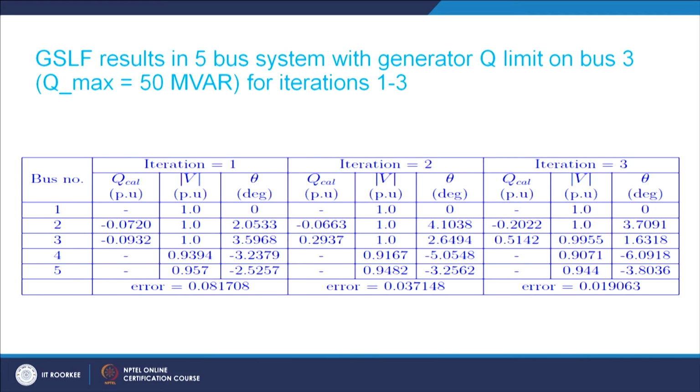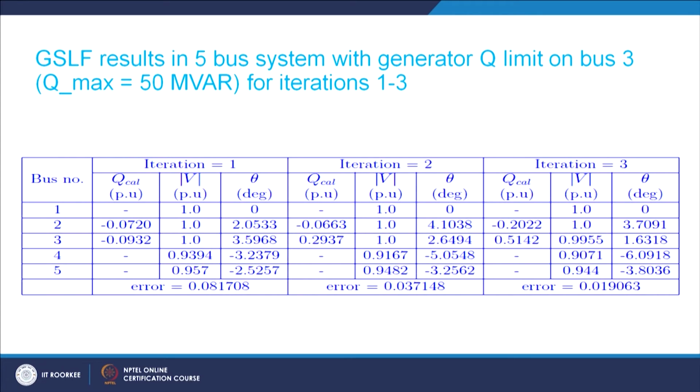In the first iteration, the limit for bus 3 is minus 5 to plus 0.5. In iterations 1 and 2, for bus 2 there is no limit issue because its limit is still minus 5 and plus 5.